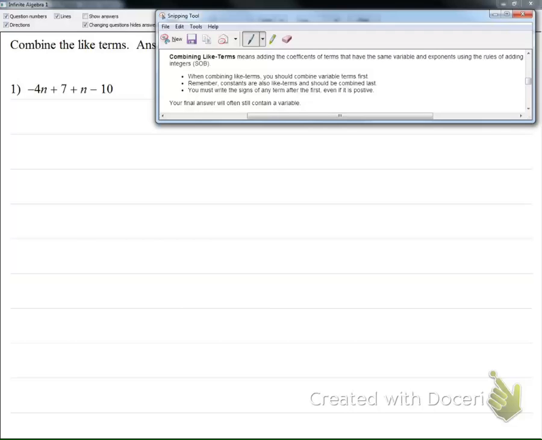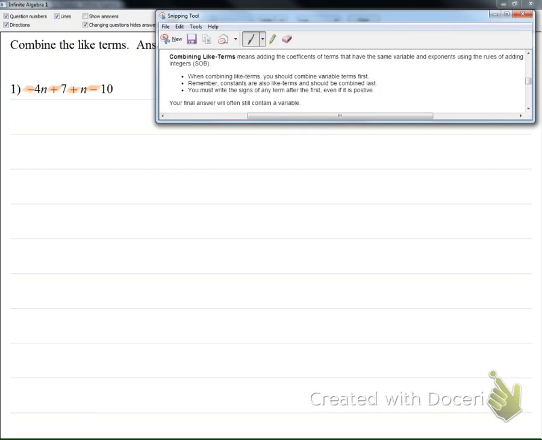So what I mean by that, terms are separated by plus and minus signs. In example number 1 on your guided practice, we have negative 4n plus 7 plus n minus 10. Let's first look and find all of our terms. Everywhere you see a plus or a minus sign, it indicates a new term.